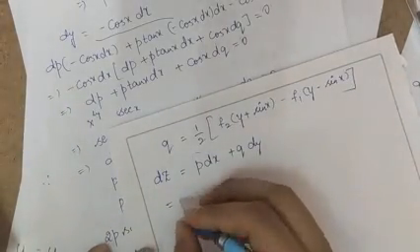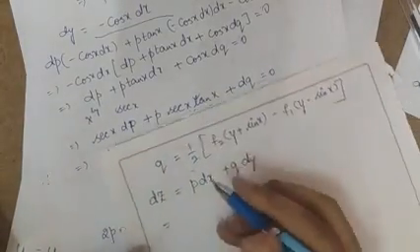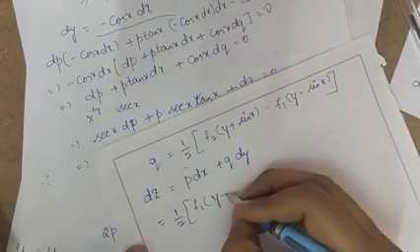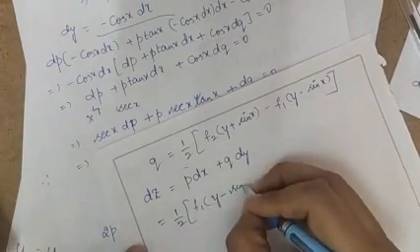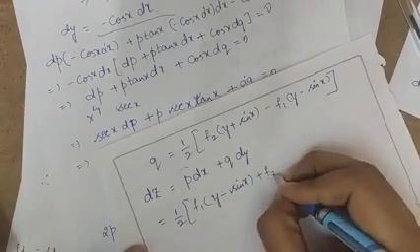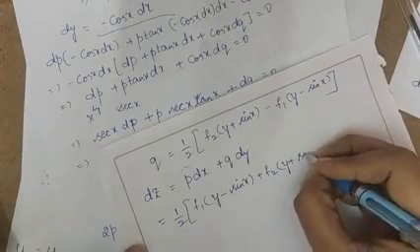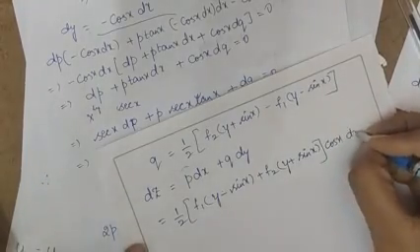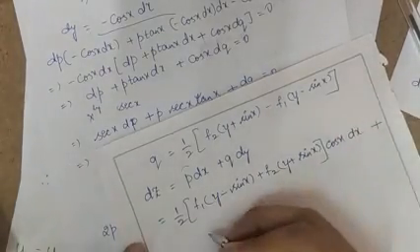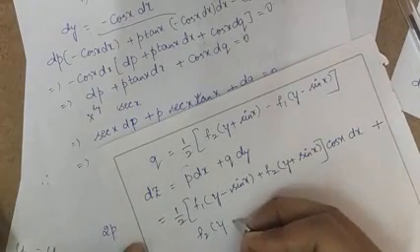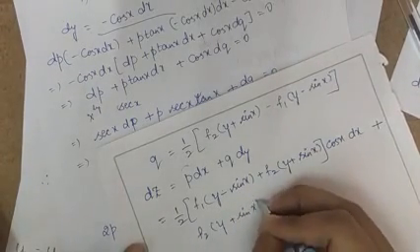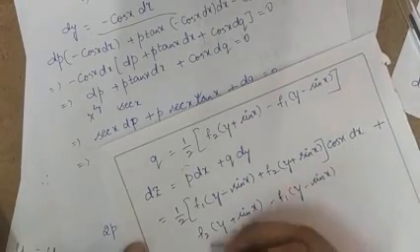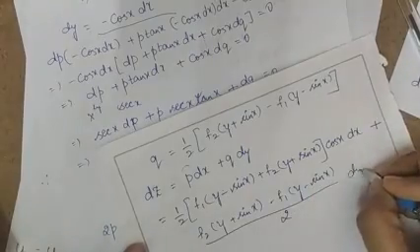So what will I get? 1 over 2 into f1 of y minus sin x plus f2 into y plus sin x, into cos x dx, plus f2 into y plus sin x minus f1 of y minus sin x, divided by 2, into dy.